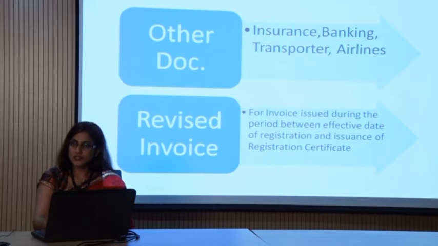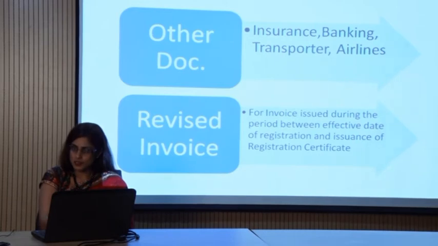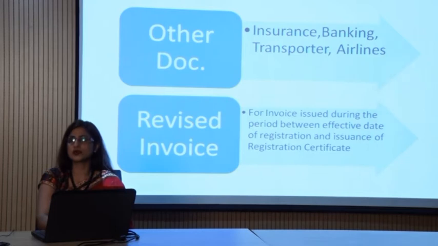Now after the 20th of October, for the supplies made by my business during 1st October to 20th October, I will issue a revised invoice, because one original invoice was already issued. That original invoice was not showing the tax component.